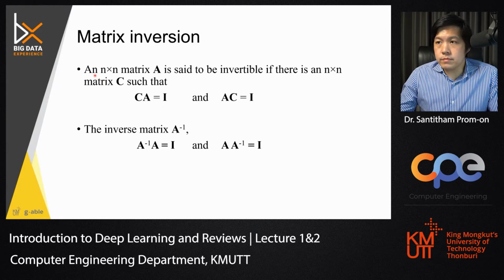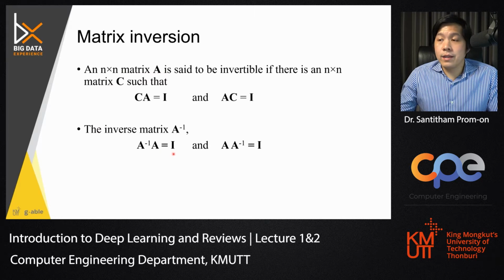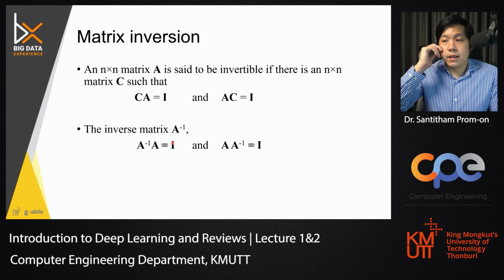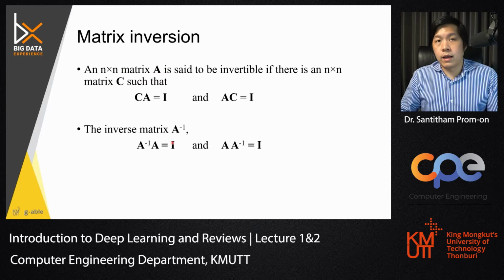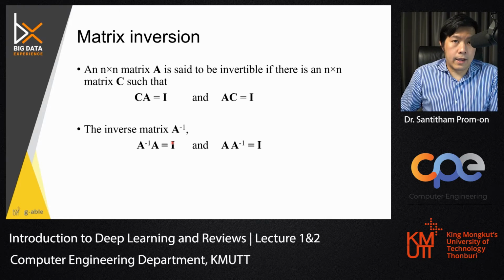We can say matrix A is invertible if it has a matrix C such that when you multiply C with A, you get I, or A with C, you get I. That means you can invert the matrix A: if you multiply matrix A with A inverse, then you get I, or A inverse with A, and you get I.